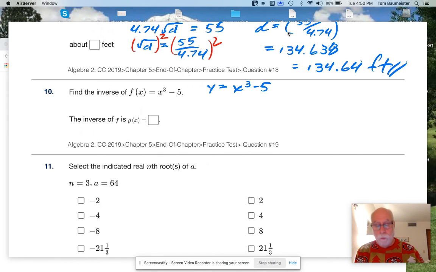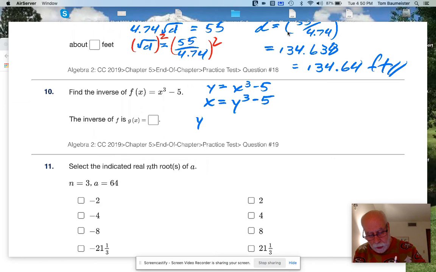Step 2, remember you're going to replace the x and the y. You're going to exchange them. And now you're going to solve for your new y. So I'm going to add that 5, so I'll get y cubed is equal to x plus 5.